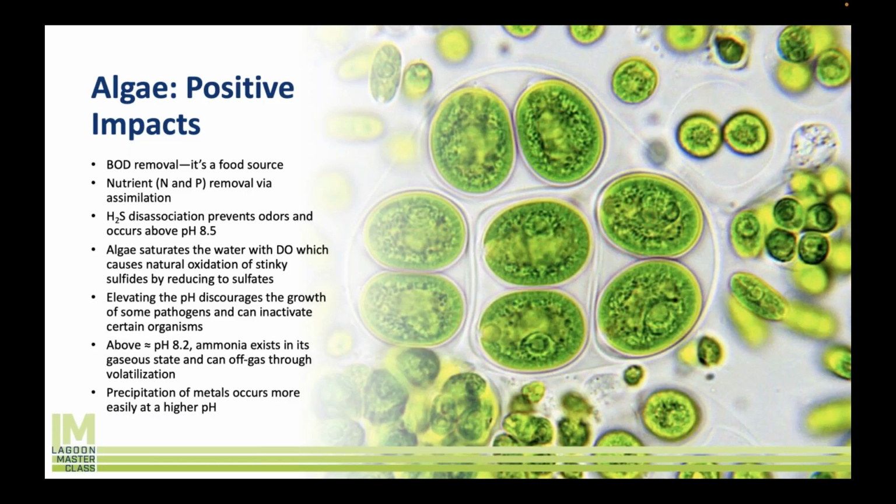That's the gaseous form of ammonia. That's the form of ammonia that, if it makes it into the downstream environment, is toxic to fish and invertebrates and the foundation of the aquatic food chain. And it will convert it into ammonium, which is more the liquid form, which is way less toxic, way less harmful. And so it's a good environmental benefit and also a good treatment benefit during those summer months when algae is thriving.